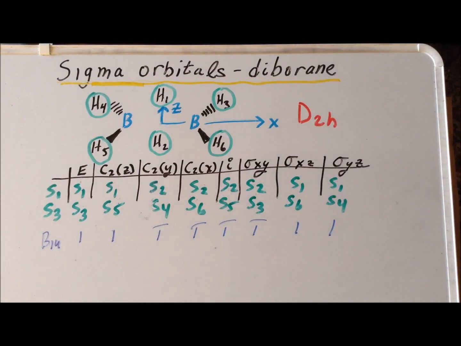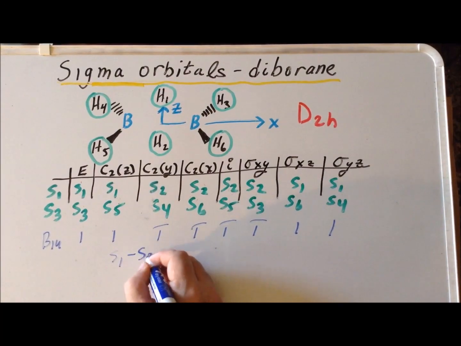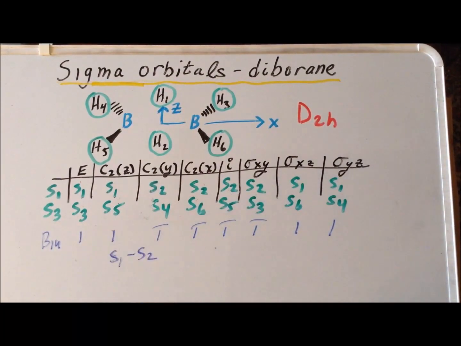The next irreducible representation we're going to work with is B₁ᵤ, and I've written down the characters from the character table, where this is a +1 and this one with a line over it is a -1. We notice now that if we multiply through each of the rows, we end up getting 4s1 minus 4s2, but we can reduce that down immediately to s1 minus s2 for the first row.